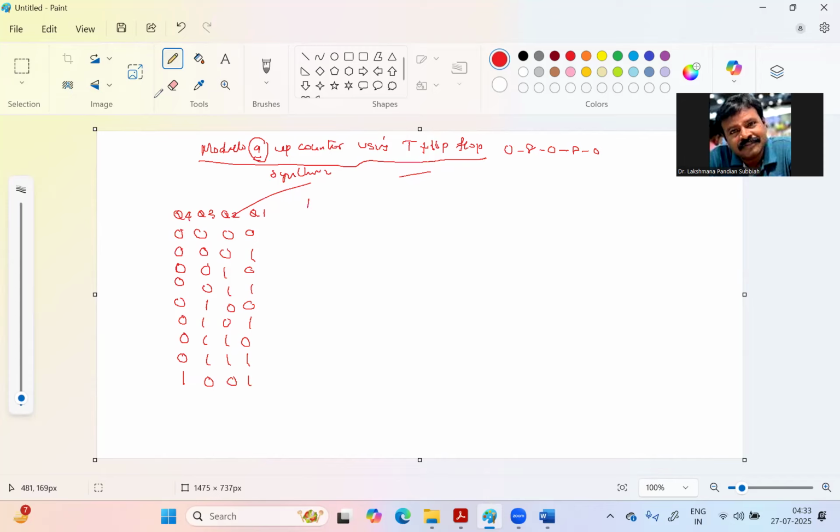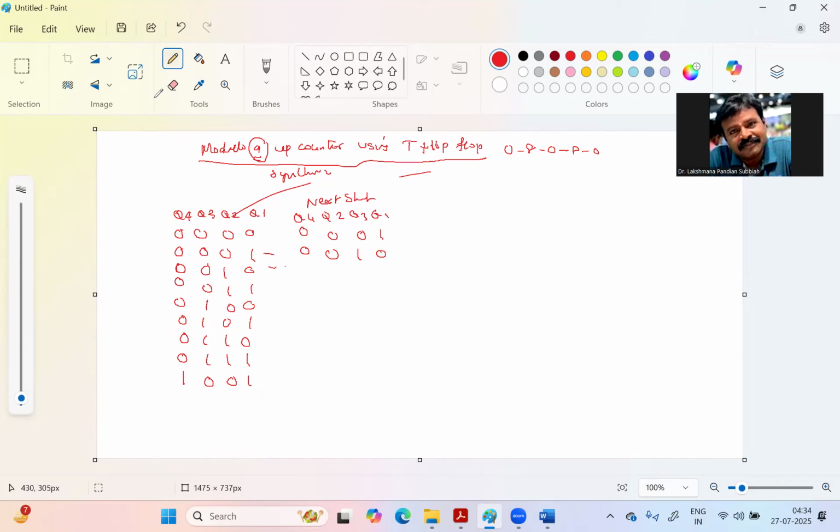Then the next state, right? So for Q4, Q3, Q2, Q1, 0, 0, 0, 0 moves to 0, 0, 0, 1. Then the next one moves to 0, 0, 1, 0.